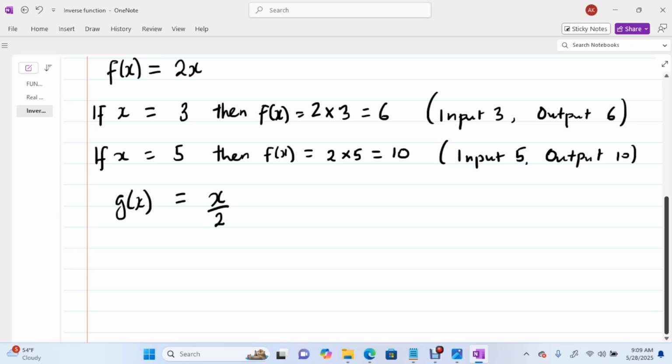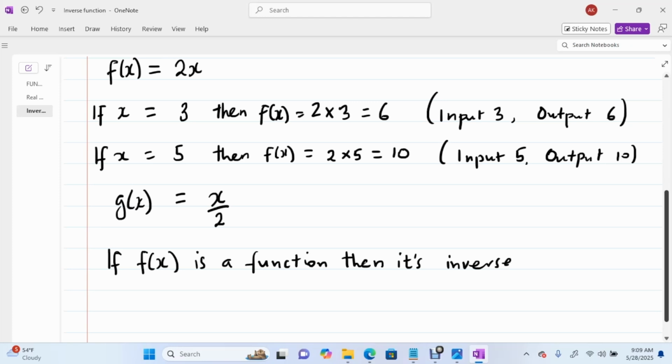When we are dealing with inverse functions, instead of writing g of x to be the inverse function, we are going to write it as: if f of x is a function, then its inverse is written as f inverse of x. This is how we write it.